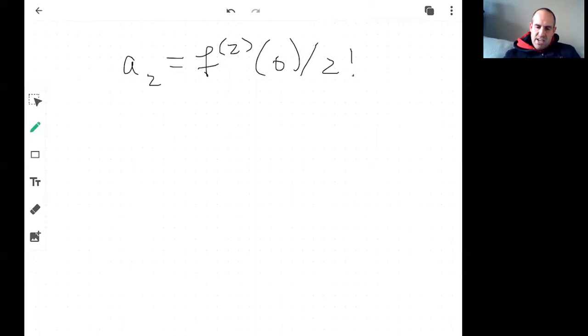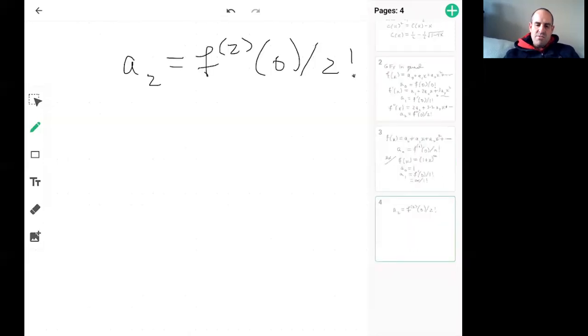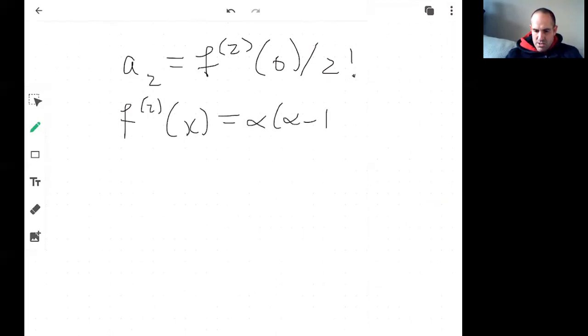Okay, well, if I take the second derivative of that thing, it's going to be alpha times alpha minus 1, okay? So let me write that down. The second derivative of this thing evaluated at x is just alpha times alpha minus 1 times 1 plus x raised to the alpha minus 2.